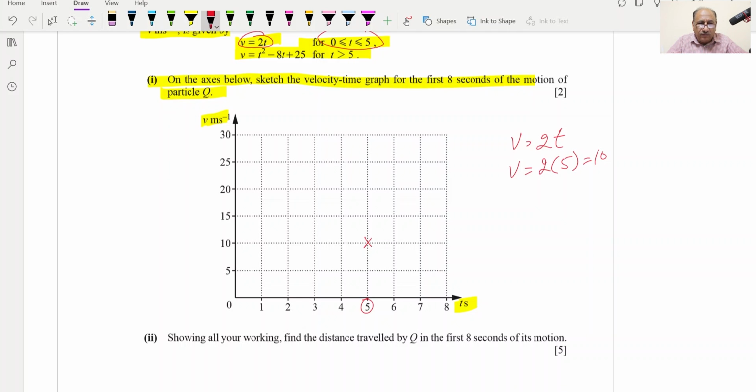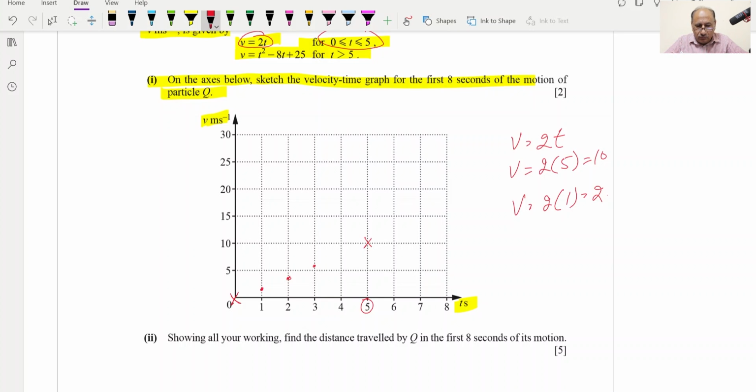We can check for t is equal to 1, v will be 2, so lesser than this one, so 2 will be this, and for 0 it will be 0, and for 2 it will be 4, so 4 will be over here, then 3 will be 6, so 6 will be a little more than this.